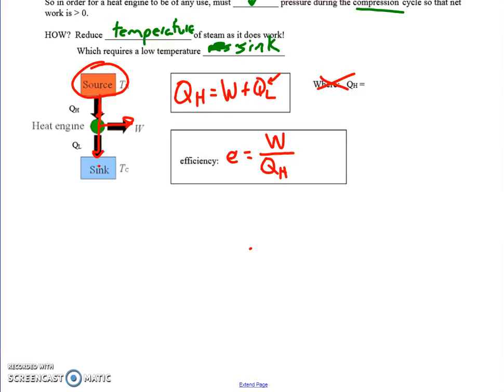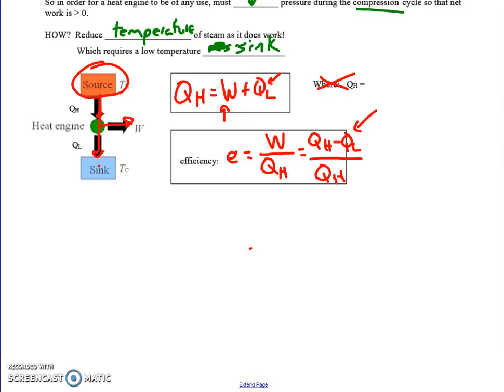Now, according to this equation up here, the efficiency would be equal to QH minus QL, all over QH. And this term tells us something fairly depressing. This goes to the heart of trying to extract useful work out of the internal energy of a source.